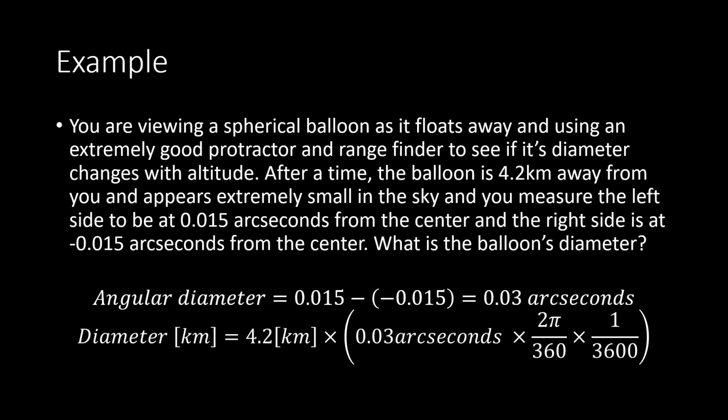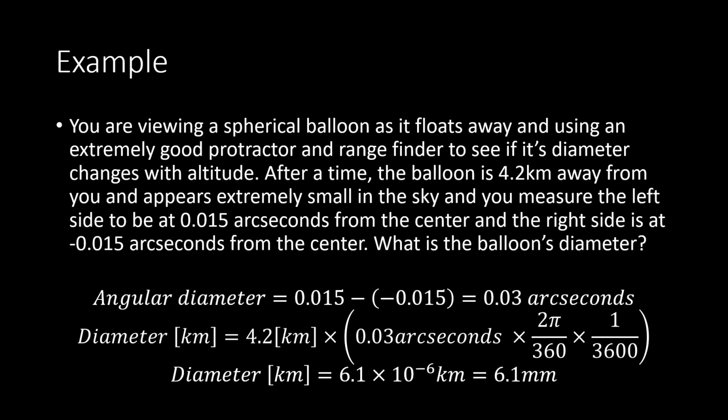From this, we can plug into equation 2. We know the distance to the balloon, we know the angular diameter of the balloon, and we plug it into this equation here to get the diameter of the balloon in kilometers. And once we do that, we find that the diameter of the balloon is 6.1 times 10 to the negative 6th kilometers, and that is 6.1 millimeters.